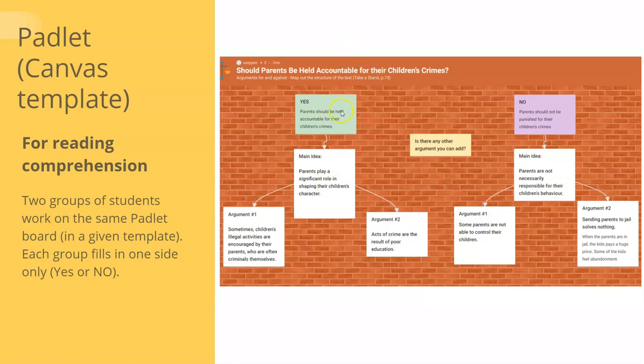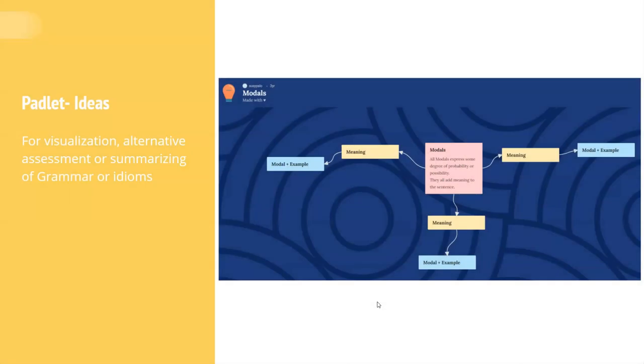So I had one group spot out the arguments for, and another one spot out the arguments against, holding parents accountable for children's crime.